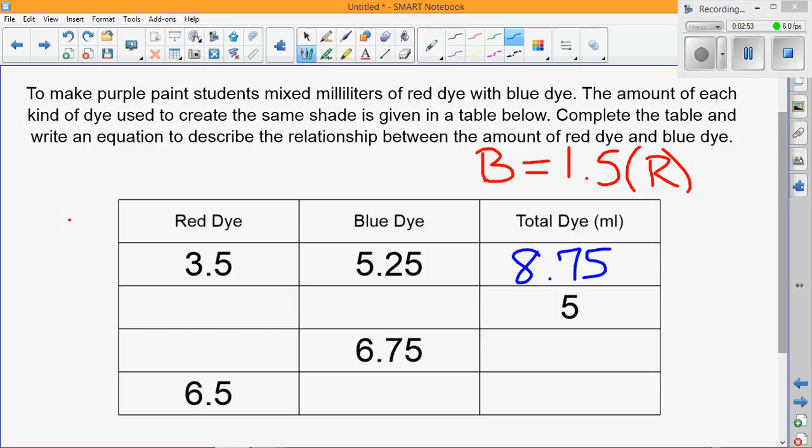Now, that is pretty straightforward, but when we are missing the ratio and the row gives us 5 total, that's where it gets a little bit more tricky. So we've got to figure out when I mix 1.5 times something, what can I multiply by 1.5 that when I add them together will give me 5?